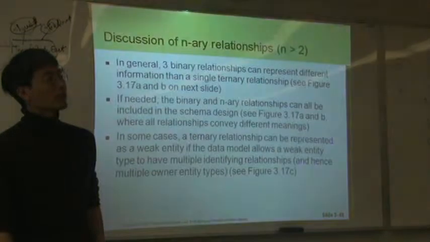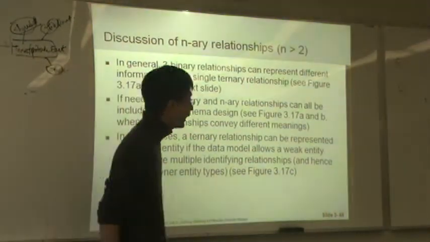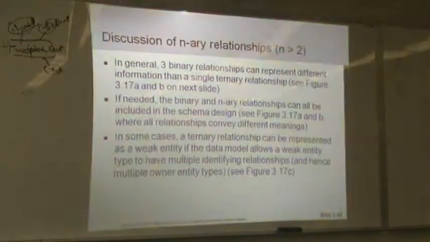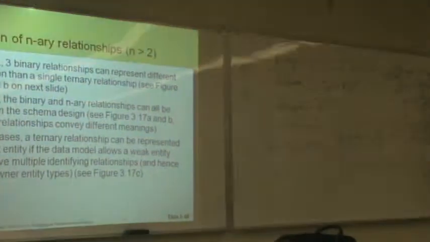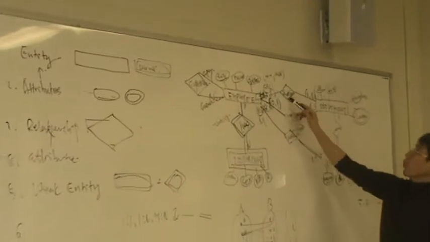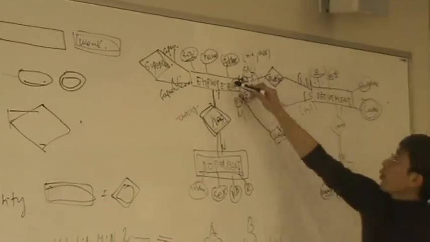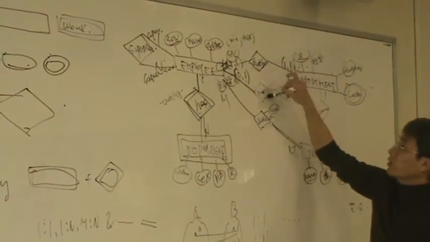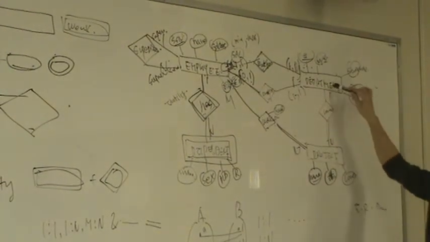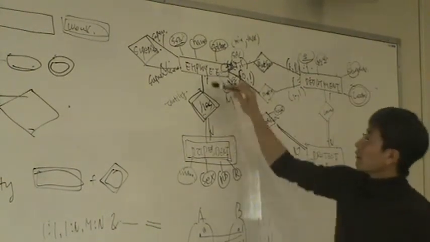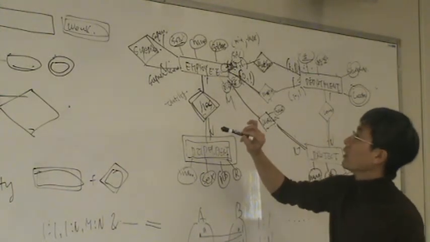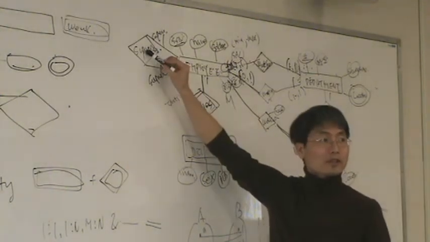Any question so far? Okay. Then, so far we have discussed relationships that have two entities. For example, works for: employee and department. Manage: employee and department. Control: department and project. Dependent and the employee. What about the supervisor?